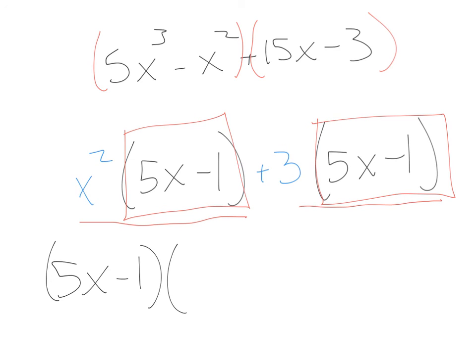If I take the 5x minus 1 out of here, I'm left with just the x squared. If I take the 5x minus 1 out of here, I'm left with just the plus 3. And there, you notice now I have two binomials. So I've taken this 4-term polynomial, and by factoring it by grouping, broken it down to essentially two binomials.